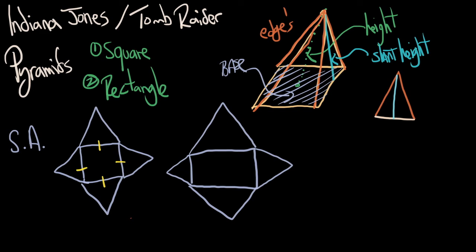So if I was going to make this a rectangle, let's get yellow. This would designate that it's a rectangular pyramid. And the other type of pyramid that you could possibly get is a triangular pyramid, which is a little bit harder to draw, but let's try it. How it kind of looks with my purple.